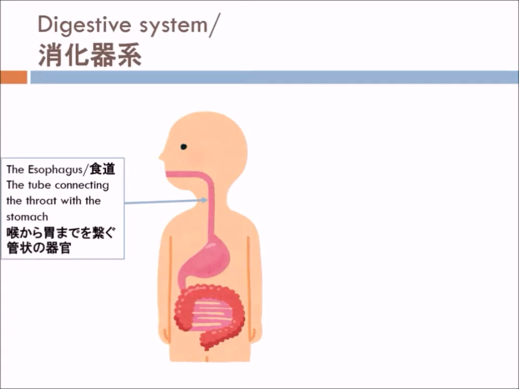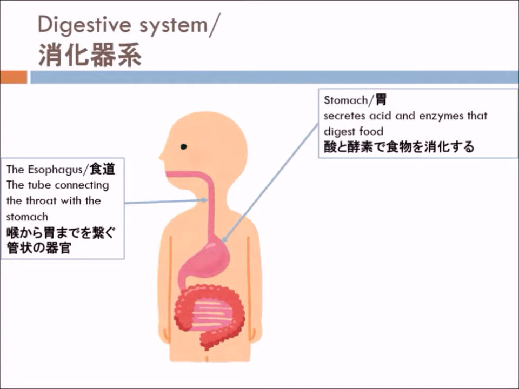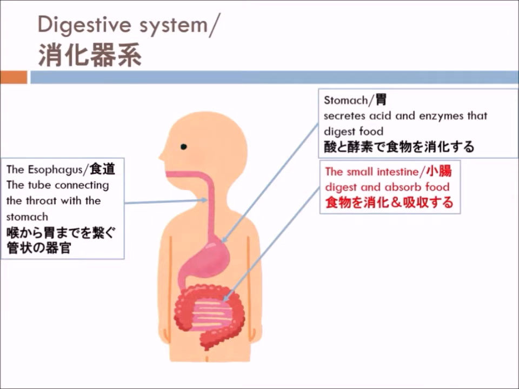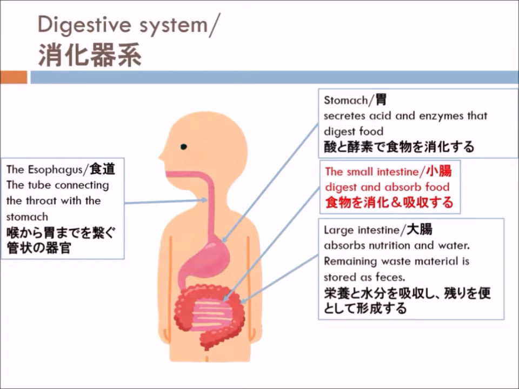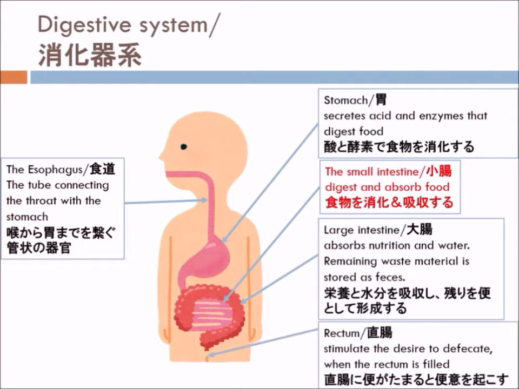The esophagus is a tube connecting the throat with the stomach. The stomach secretes acid and enzymes that digest food. The small intestine digests and absorbs food. The large intestine absorbs nutrition and water. Remaining waste materials are stored as feces. The rectum stimulates the desire to defecate when it is full.